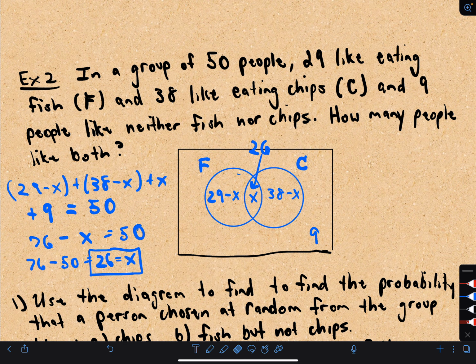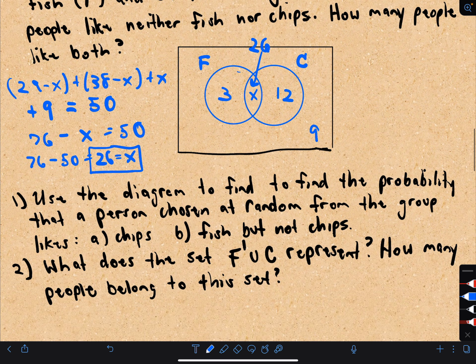So we know that 26 people like both fish and chips. So if I do 29 minus 26, that means that there's 3 of those people that like fish only. Likewise, I knew that if I take 38 minus X, well, that's going to be 38 minus 26. That's going to give me 12. So there's 12 people that like chips only.